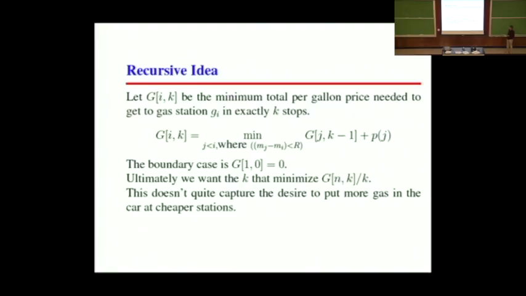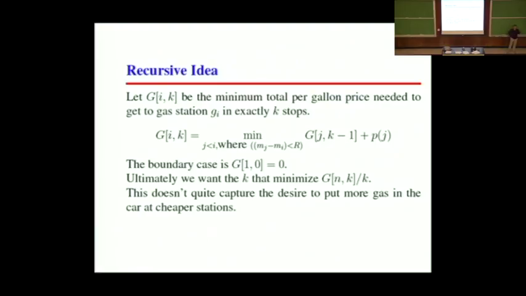My last stop is going to be, okay, let's say I filled it up for the last time at station j. I am going to pay the price of the gas at j. I'm going to add that to the cost of all my fill-ups so far, right? And to end up at k stop fill-ups, basically, I want to know what was the cheapest way to get to j after k minus 1 fill-ups. And to that, I'm going to pay the cost of my last fill-up.